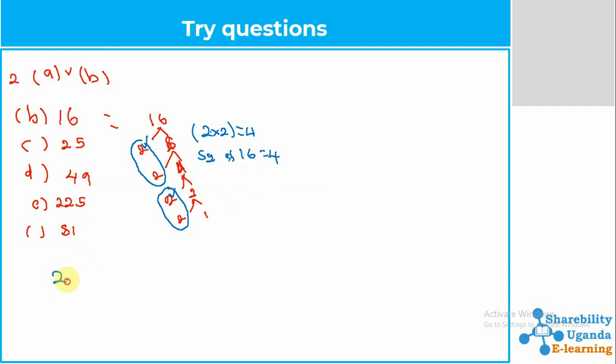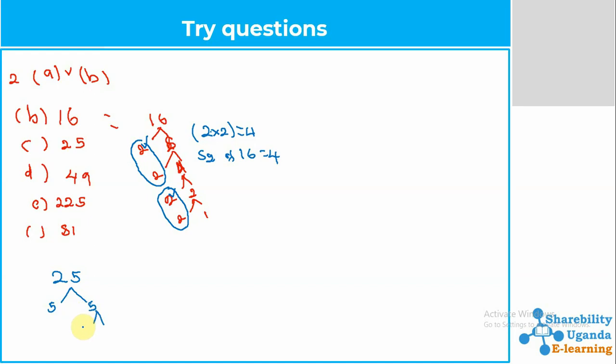We also have what we call 25. Then we also use our method. Which number can we divide 25 by? We can try out our 5. So when we divide 25 by 5, we shall still get our 5.